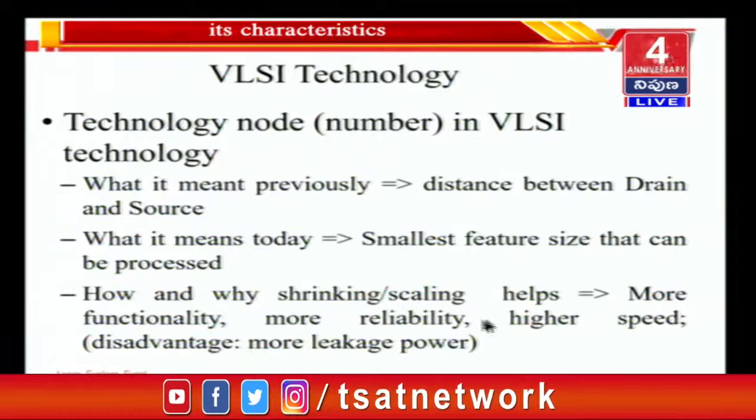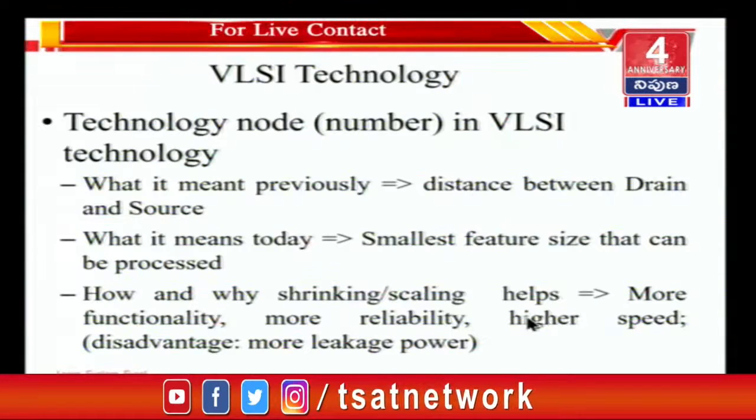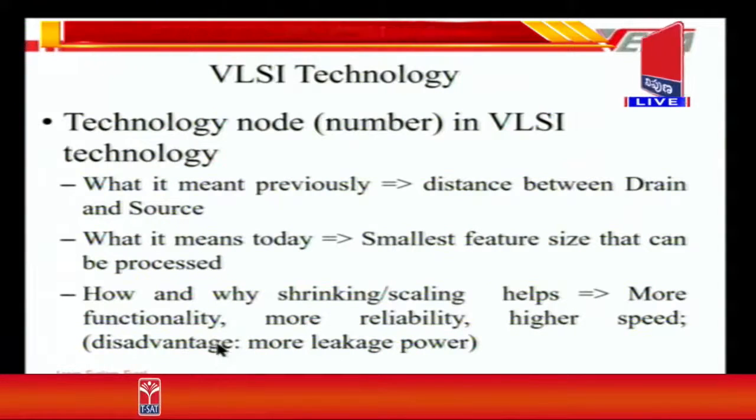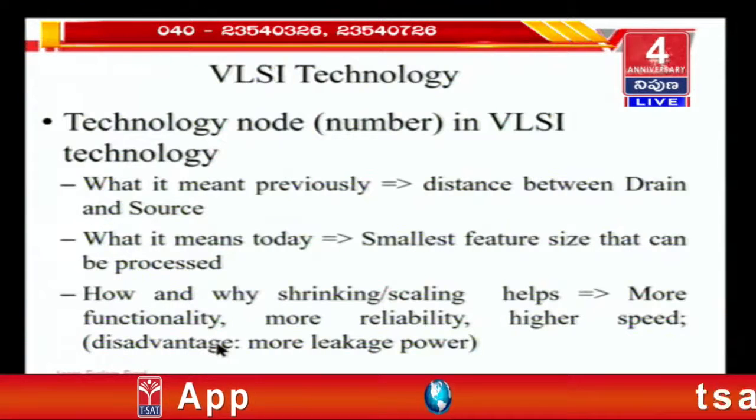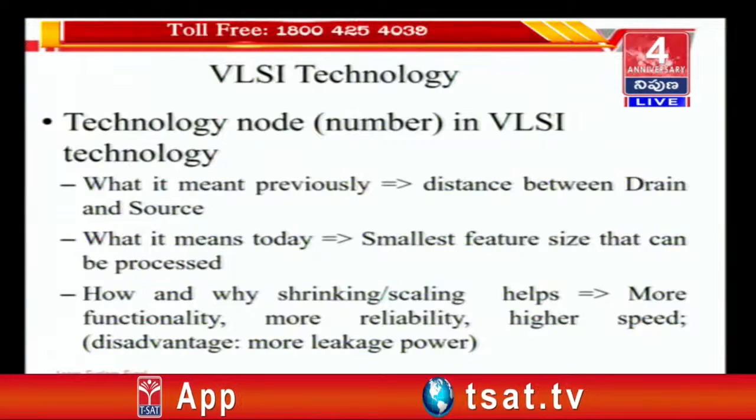But the moment we say that it operates at higher speed, the dynamic power in ASICs or ICs is linearly proportional to the operating frequency. Therefore, the higher the frequency, the higher the speed, the more the power.